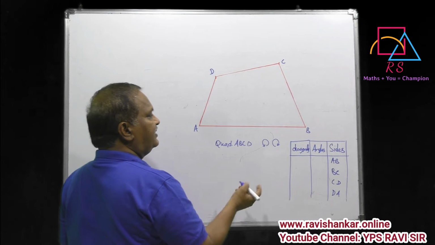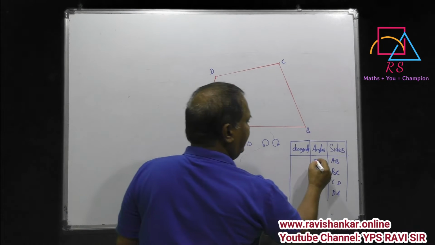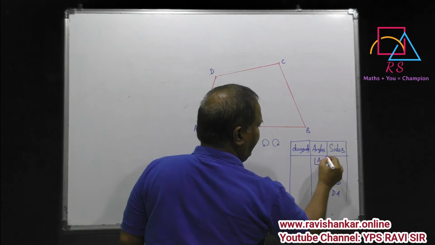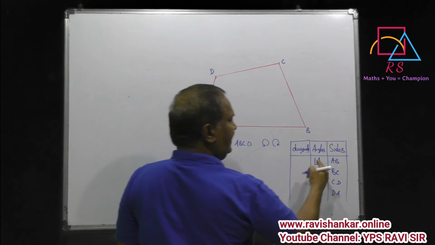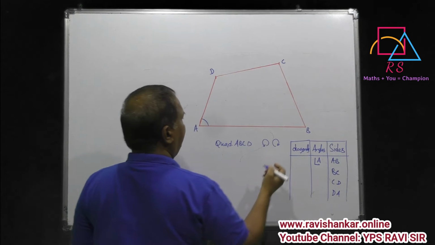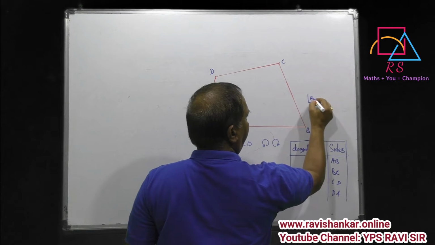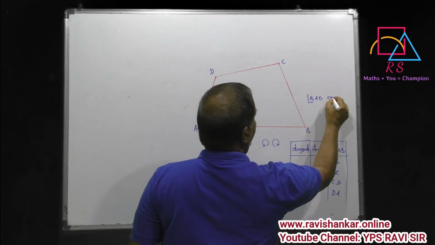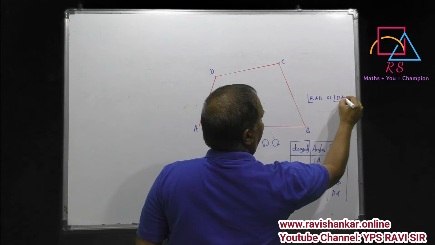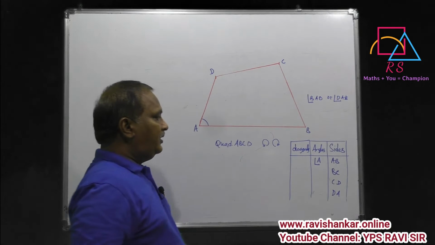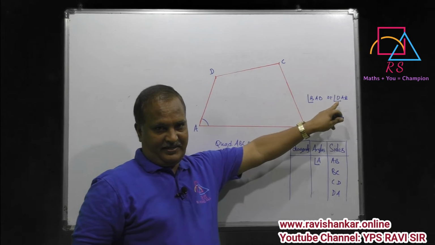Now how to represent the angle? Let us start from A. This is angle A. In short, we write angle A. If you want to write this angle A completely, angle BAD or angle DAB. So this notation is okay, and this is okay.